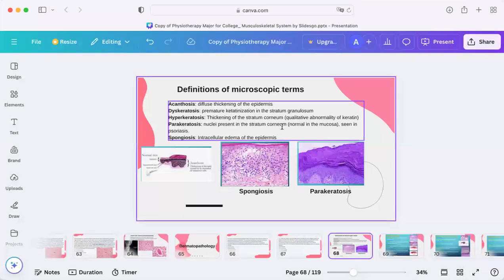Guys, what are the layers of the skin from the epidermis down to the dermis? The First Aid book has a really nice mnemonic for this. The layers of the epidermis, guys, from superficial all the way down to the deep.